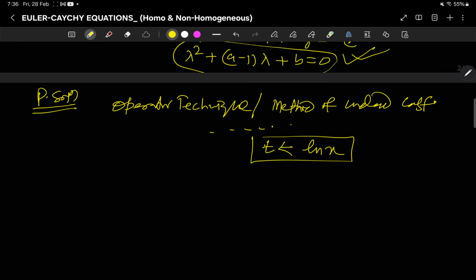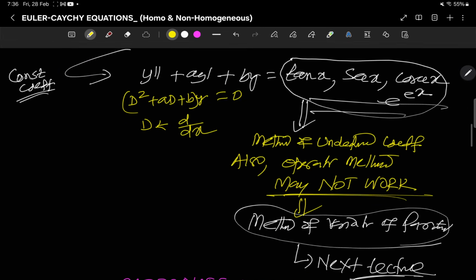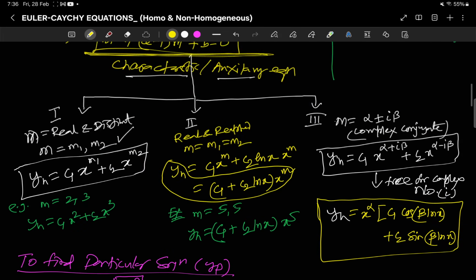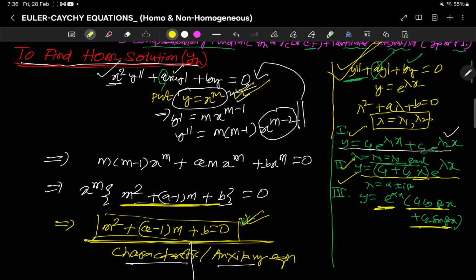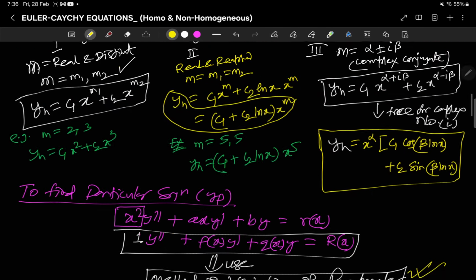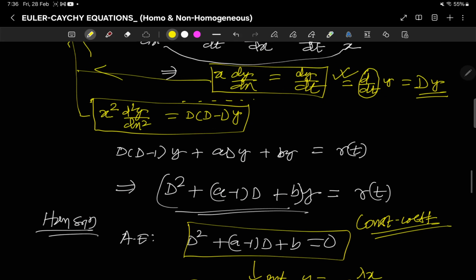So this is the idea. That means it has an independent approach: by putting y is equal to x to the power m, we have an independent approach, or we can convert it to the previous case. The independent approach will be better.